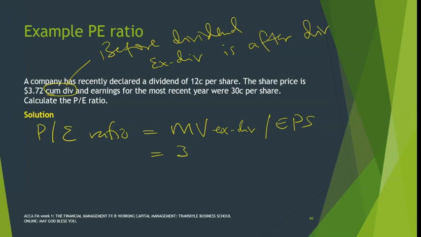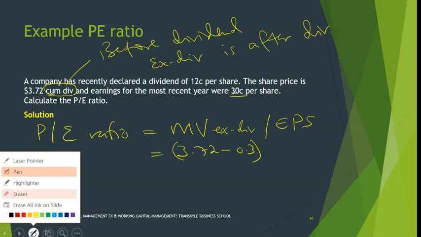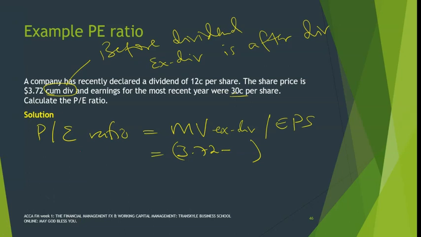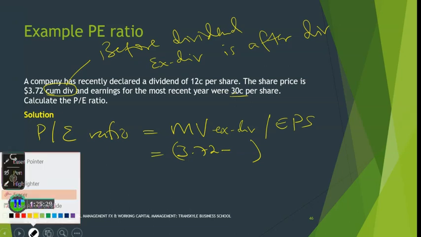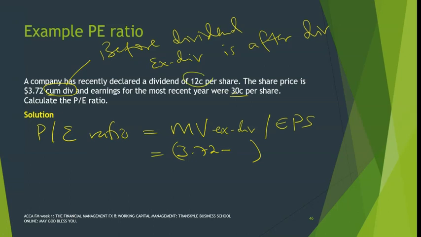This means we need to adjust 3.72 minus the dividend. Excuse me, I picked a wrong figure. This one is not the dividend. The dividend is there, 12 cents, 0.12.